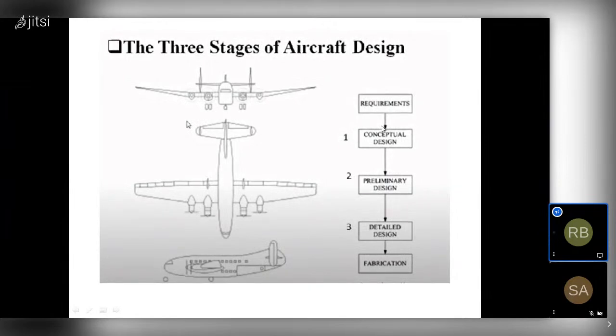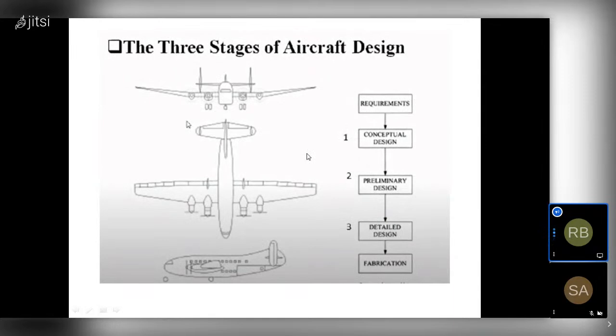In this process, first we have the conceptual design. This is the first stage of an aircraft, the very beginning stage. In this case, we are just doing the conceptual parts of an aircraft. Roughly we'll design and roughly we'll analyze the required parameters from the design point of view.